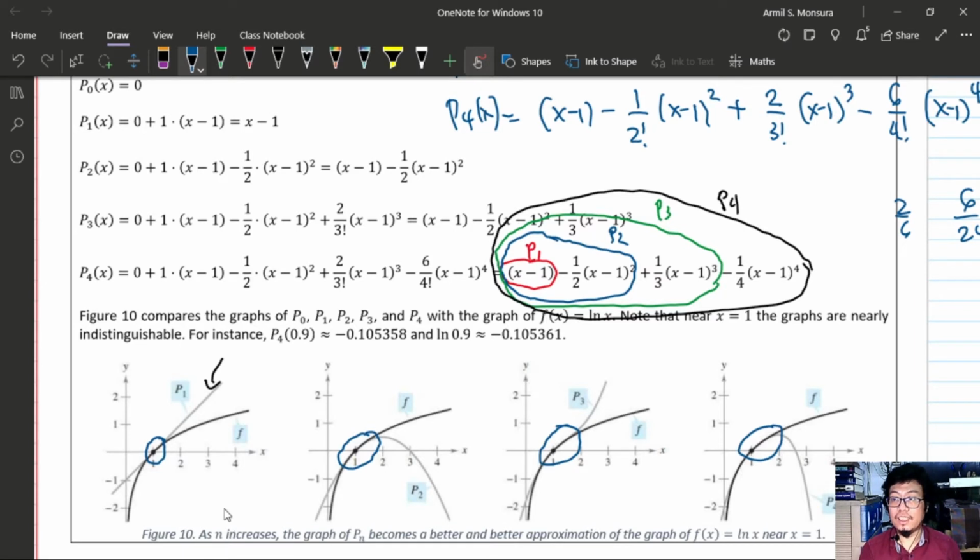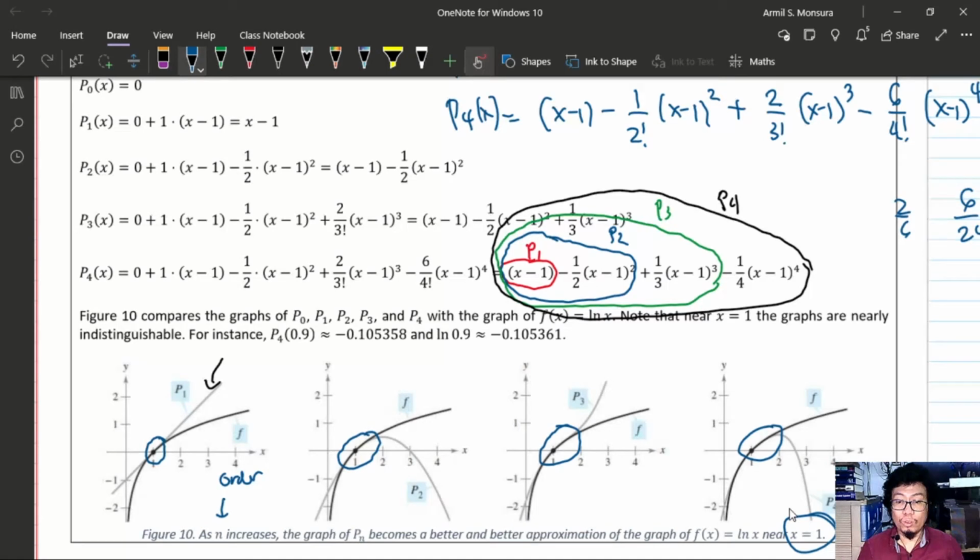So as n increases, n here means the order of the approximating polynomial, the graph of Pn becomes a better and better approximation of the graph of f of x equals ln of x near x equals 1. At least near x equals 1.